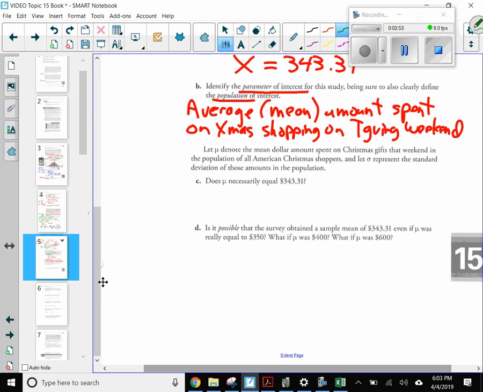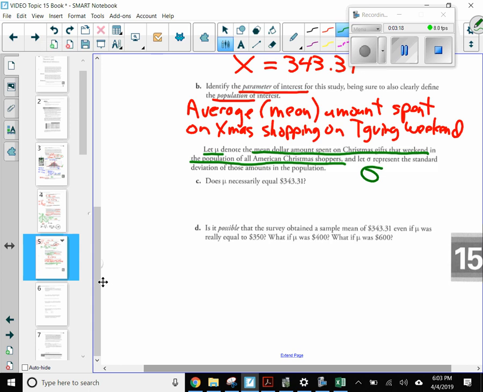So it says, let mu denote the mean dollar amount spent on Christmas gifts that weekend in the population of all American Christmas shoppers. Now they're kind of going along with my choice, right? And let sigma represent the standard deviation of those amounts in the population.